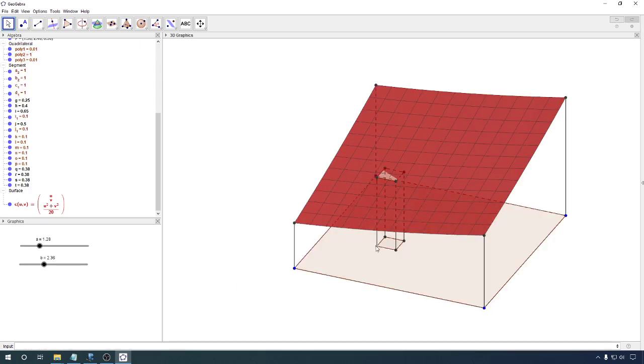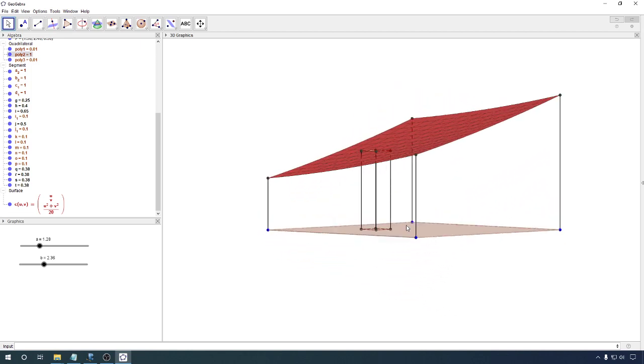So here I've taken a little sub-rectangle down in our main rectangle. I've used the sliders A and B to define this point here, and then I use a little offset to make the rest of it. I picked a height. Specifically, I picked the point right in the center of the box and used the value of the function at that point to define the top of this box.